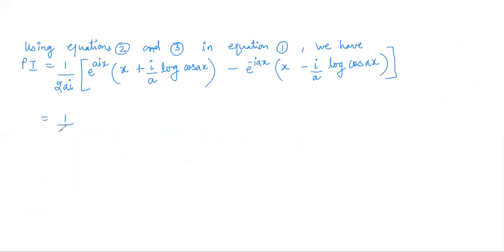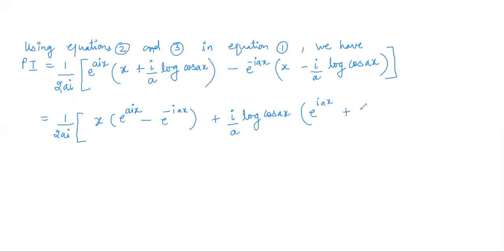I can rewrite this as 1 upon 2a iota, collecting the terms of x, e raised to power a iota x minus e raised to power minus iota ax, and collecting the terms of iota by a log cos ax, I will be having e raised to power iota ax plus e raised to power minus iota ax.